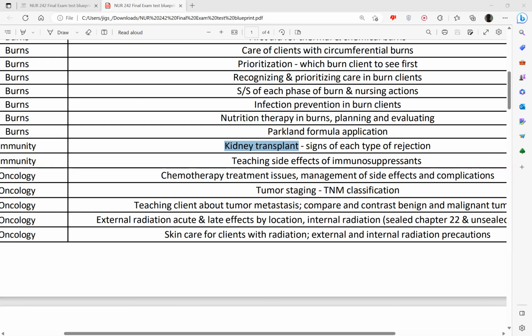Talking about the medication? There's a chart at the beginning, chart 48-14, that talks about kidney transplant rejection infection. Page 1599.